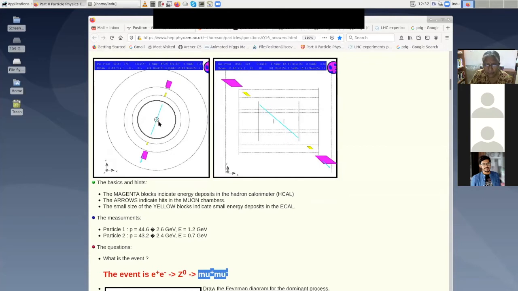For the gamma there will be no track over here, but there will be energy in the electromagnetic calorimeter, one little yellow bit over here. But you see that's a higher order process, because when you emit a gamma that is proportional to e, so the cross section is proportional to e squared, which is alpha, which is 1 by 100. So the probability of finding mu mu and a gamma is 1/100th of the probability of just finding mu mu.